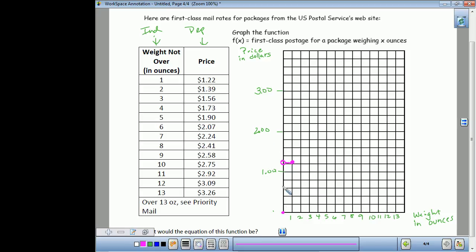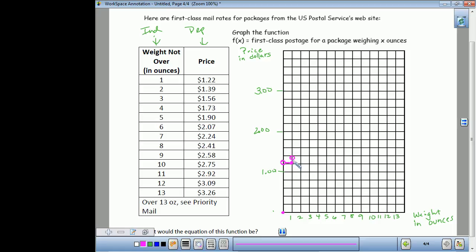Okay? And then we increase by 17 cents when we go up to 2 ounces. So increase by 17 cents, that puts us at $1.39.